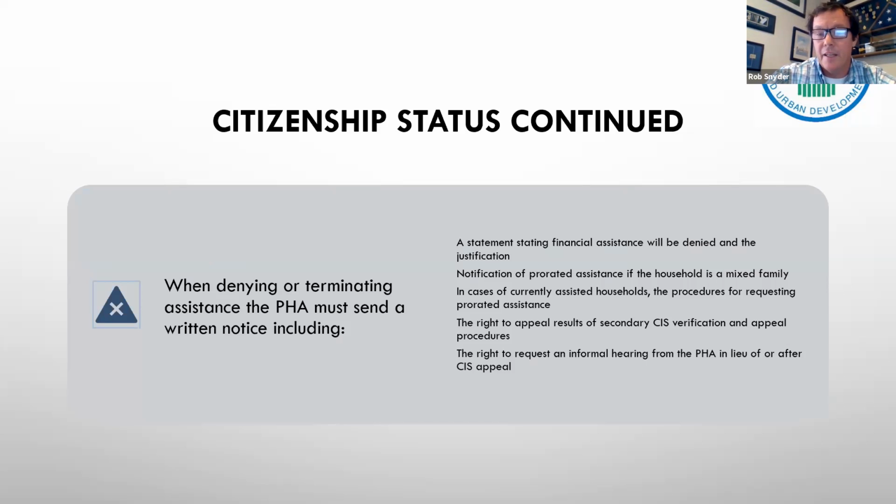Specifically, a statement of financial assistance that it's denied, a notification if there's a proration or a change to proration, and then the right to appeal, that verification for that second appeal that I mentioned. The housing authority needs to notify folks in writing of that right, and then to request an informal hearing in lieu of that appeal.